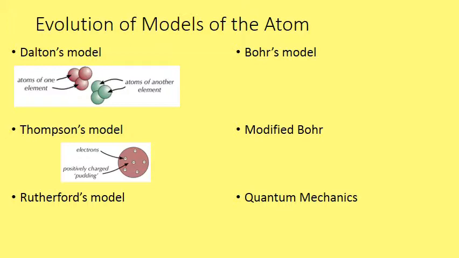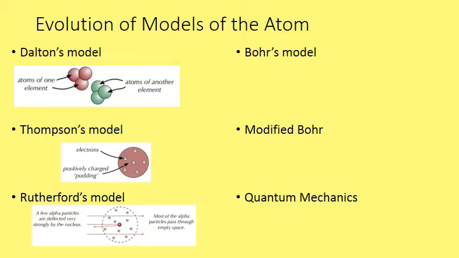What Rutherford then developed was a model that included a very dense but small nucleus in the middle of the atom, surrounded by a cloud of the electrons that had been discovered. He did that because a small number of alpha particles bounced back off the gold foil, and that couldn't happen with the plum pudding model.